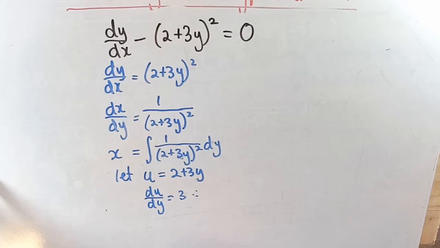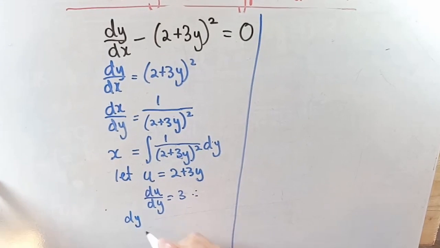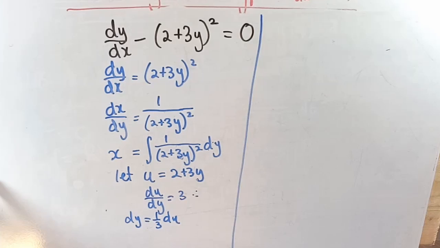So therefore we've got, I'll just do it underneath. Dy is the same as 1/3 du. Okay, so let's substitute that in.